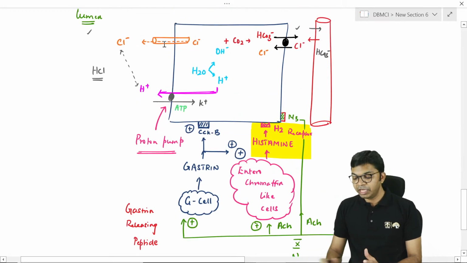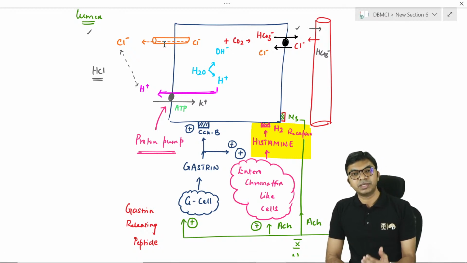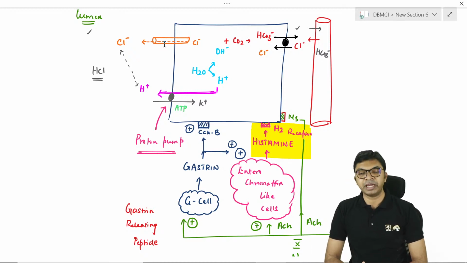So the stimulation of parietal cells happens by three different mechanisms. Number one, acetylcholine from the vagus. Number two, histamine from enterochromaffin-like cells. Number three, gastrin from G cells. Out of these three types of excitation, the predominant excitation is by histamine coming from enterochromaffin-like cells.